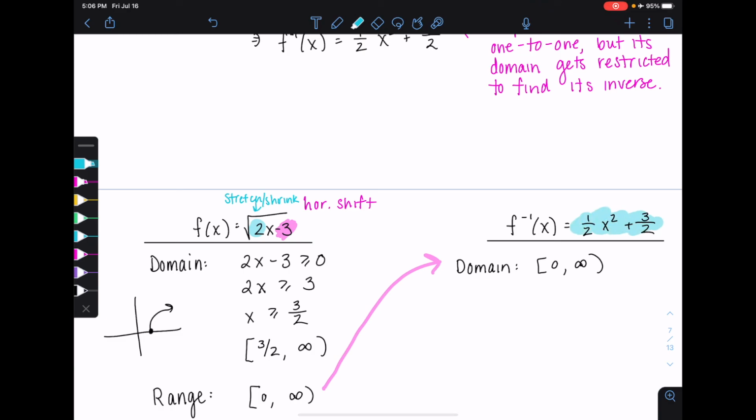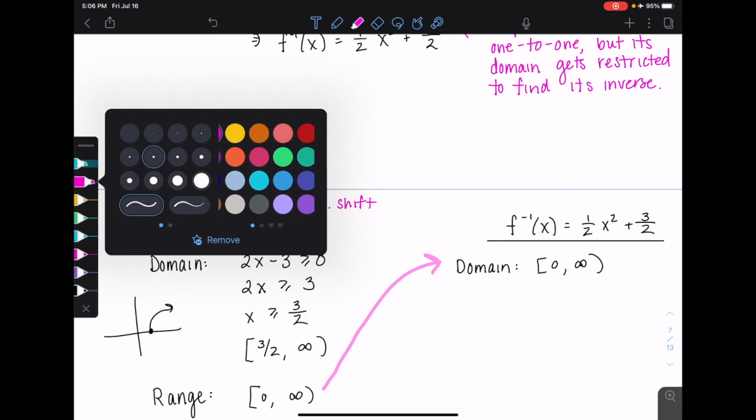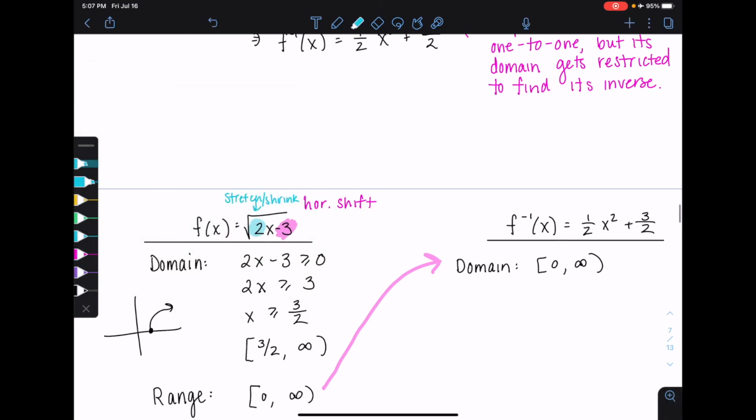Looking at this expression off the bat, though, I wouldn't know that because normally a parabola, you can do all real numbers. So this is where that restriction comes into play to make it 1-to-1. Now, when it comes to the range of this function, again, I'm going to do the same thing. The domain of my original function is the range of the inverse.